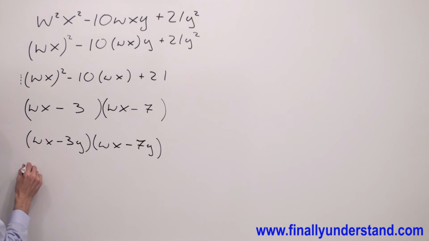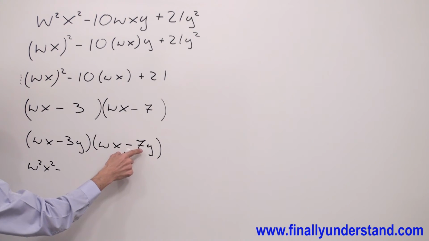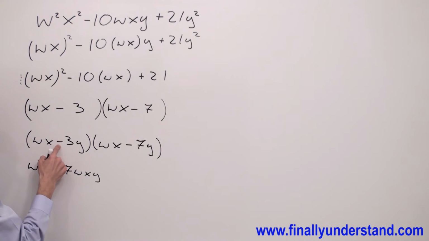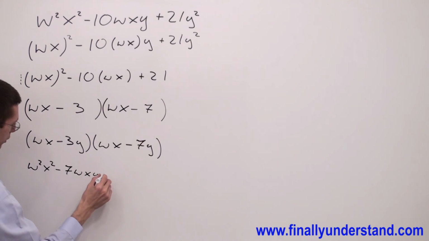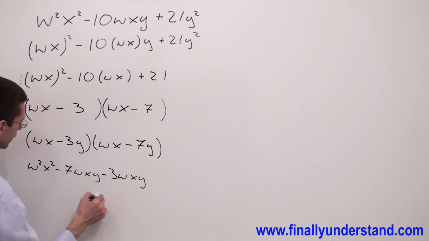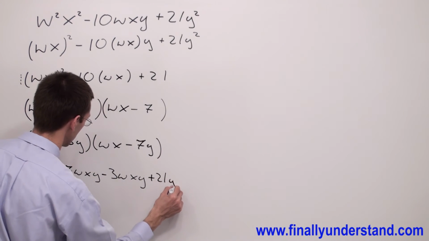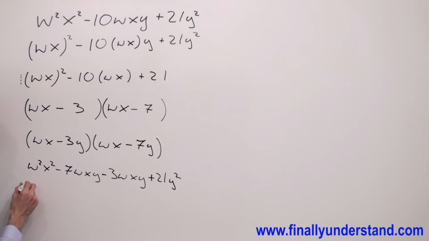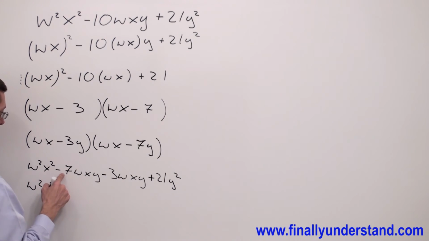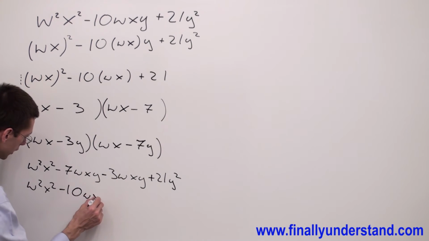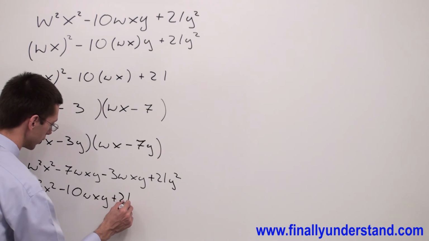Let's check if this is the correct answer to our problem. wx times wx is w squared x squared, minus wx times 7y is minus 7wxy, minus 3y times wx is minus 3wxy, minus 3y times minus 7y is positive 21y squared. Combine the like terms. w squared x squared minus 7wxy minus 3wxy is minus 10wxy plus 21y squared.